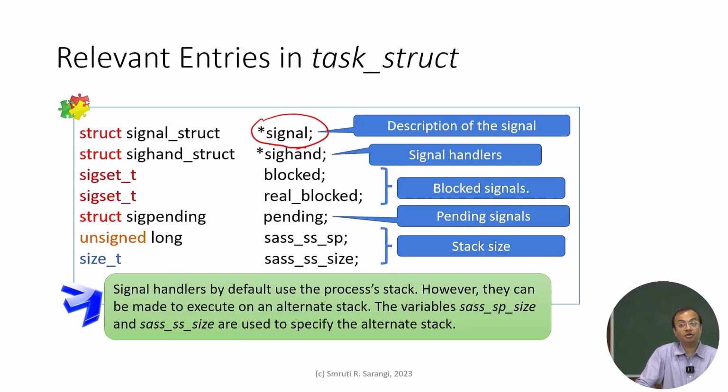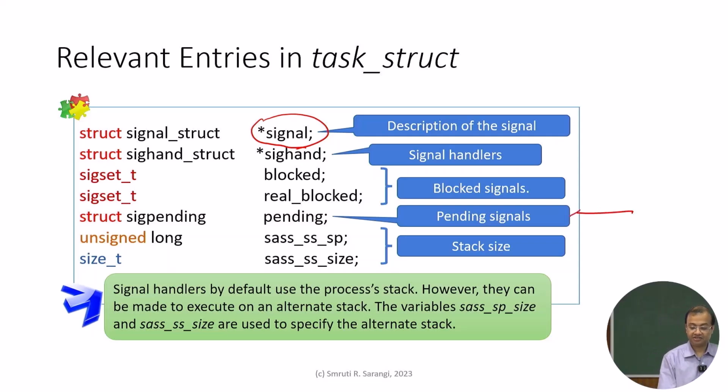It has additionally blocked sig user 1. You could have blocked a few more also. So blocked is a superset of real blocked. All right. In general, if you are not handling a signal, blocked and real blocked can be the same. But otherwise, you could have some additional signals in blocked which are not there in real blocked. So far, so good.